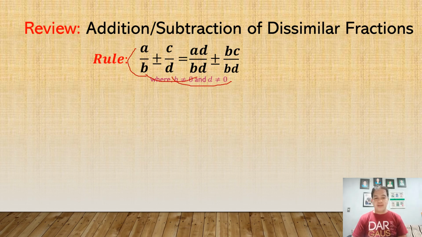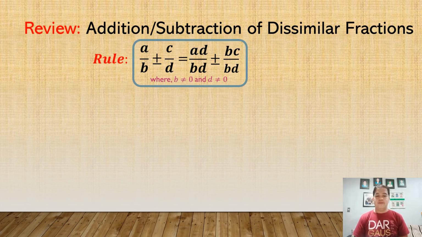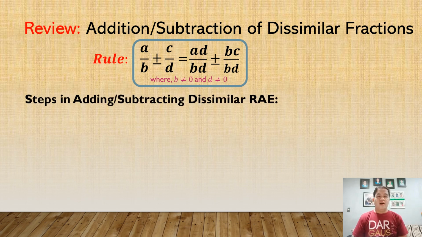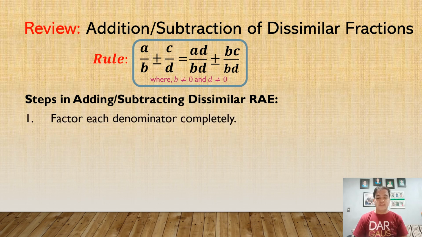Okay, do not forget, where b is not equal to 0 and d is not equal to 0. Okay, so alam na po natin yung reason dun. Para hindi sila maging undefined. Okay, so let's now have the steps in adding or subtracting dissimilar rational algebraic expressions. The first one is to factor each denominator completely. So yun pa lang gagawin. So magfo-focus muna tayo sa denominator.